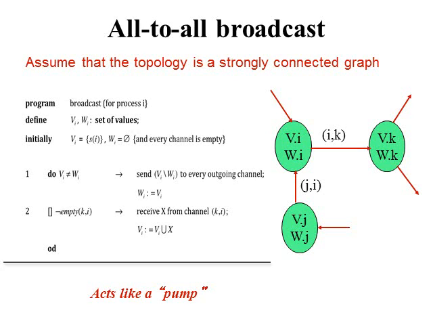Let's look at when the algorithm will terminate. The algorithm is going to terminate when both of the guards in the given program become false. So what are the guards here? The guards are when V sub I is not equal to W sub I, and when the channel is not empty.